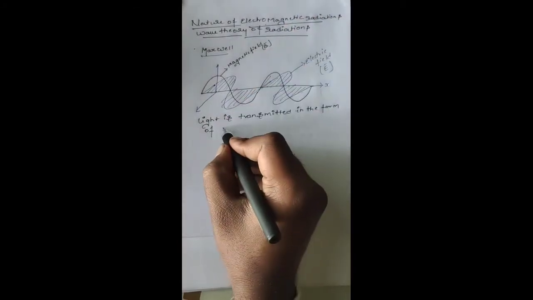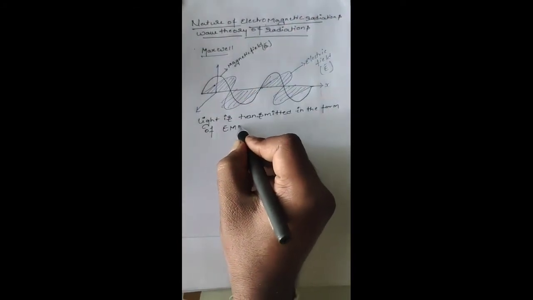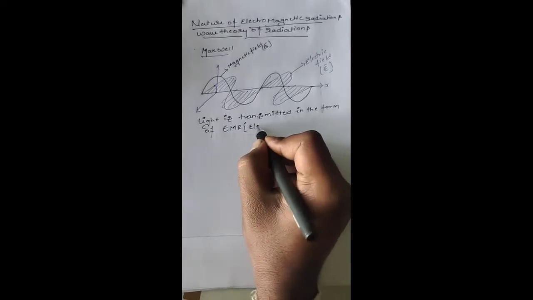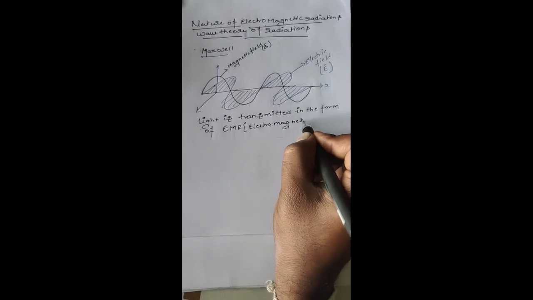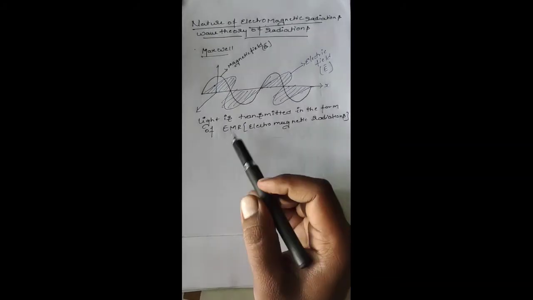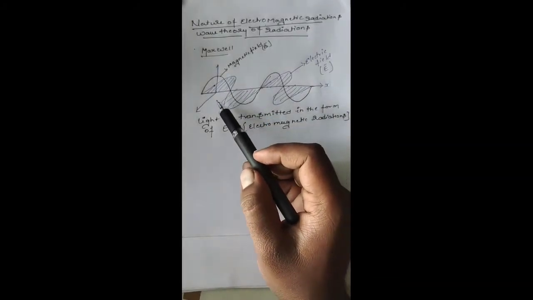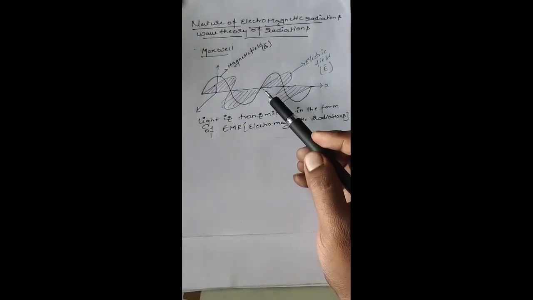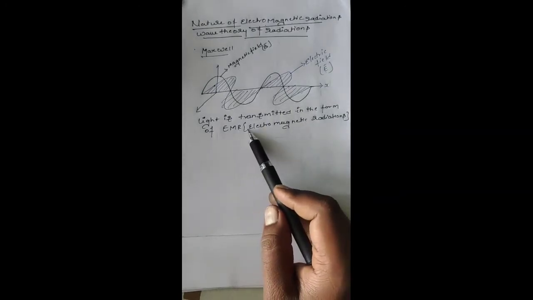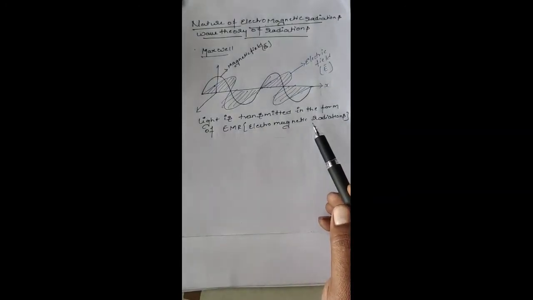We can write that as EMR, nothing but electromagnetic radiations. It means light is transmitting in the form of both magnetic and electric fields, so it is called electromagnetic radiations. You understand the first point.